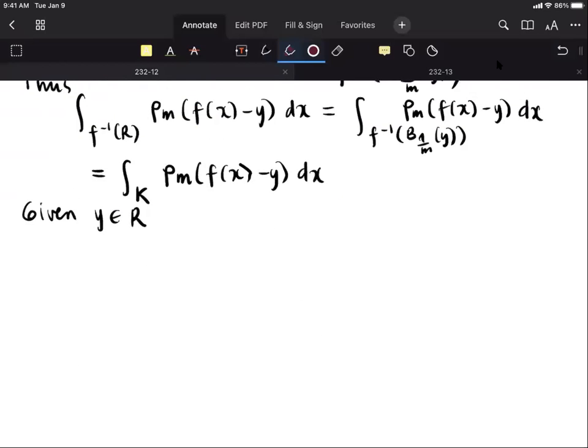Given y in R, the fact that f is a diffeomorphism, in particular bijective, means there exists an x naught in f inverse of R such that y is equal to f of x naught.